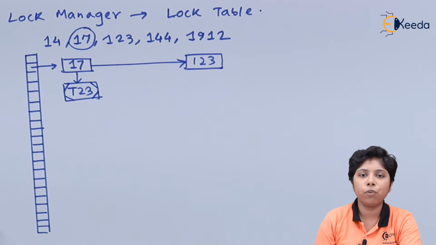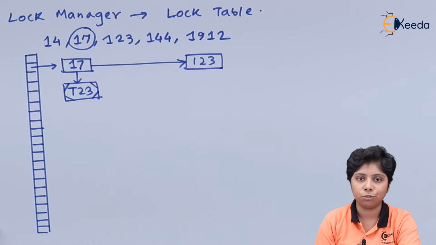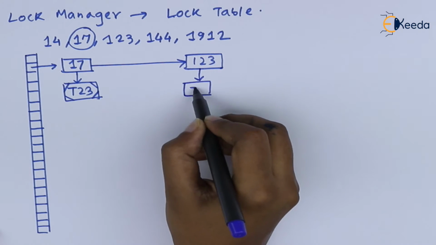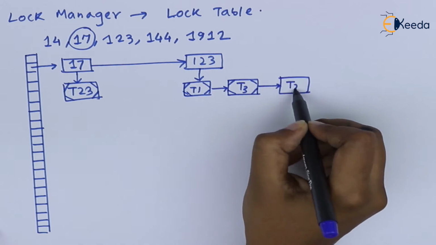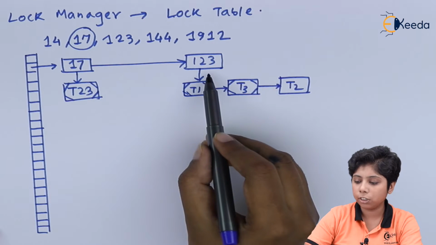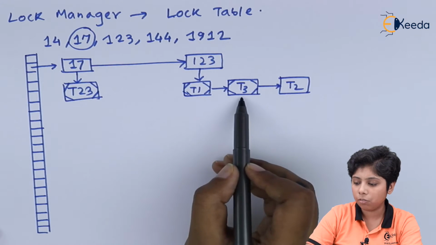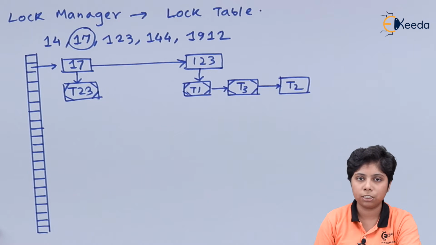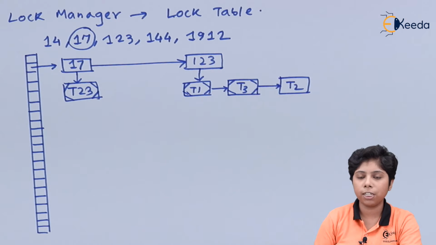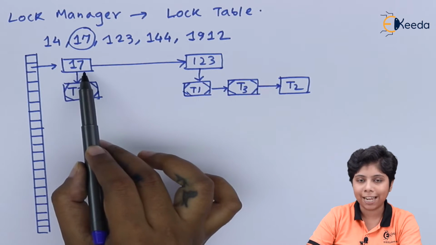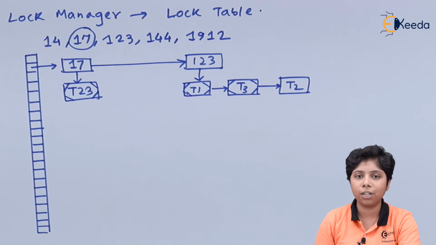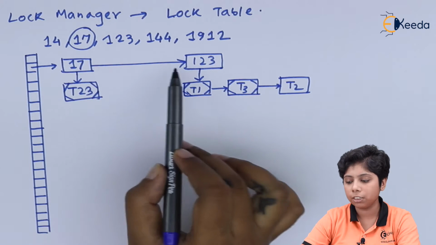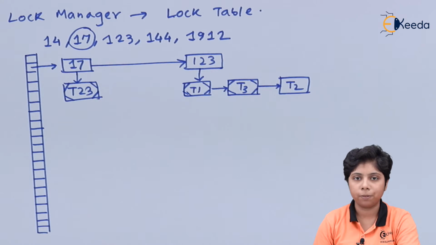Say it is acquired by T1 and T3, and T2 is waiting for a lock. So T2 is waiting for the data item 123 where T1 and T3 are holding 123. So first, when it is a new one, we will just add it to the linked list. If it is the next one on that particular data item, we will add a pointer to the data field that is next to it.